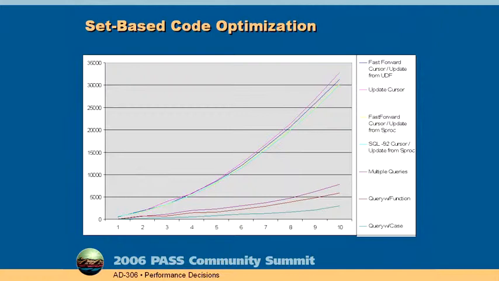The lines that scale poorly are the cursors: the update cursor and the fast forward cursor. The best performance was from the query with a case expression, followed by a query with an embedded function, followed by multiple queries. And if you want to download and see all this code, it's available on my website, SQLServerBible.com.